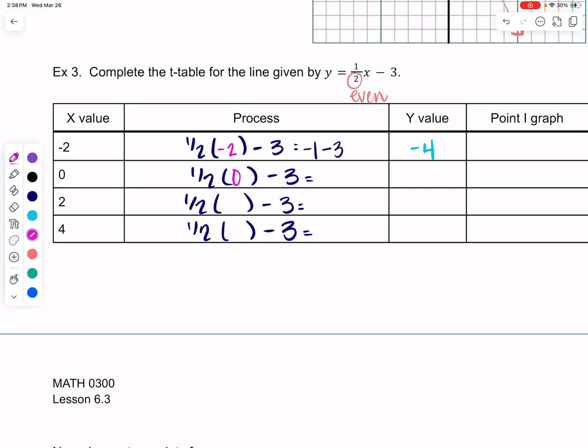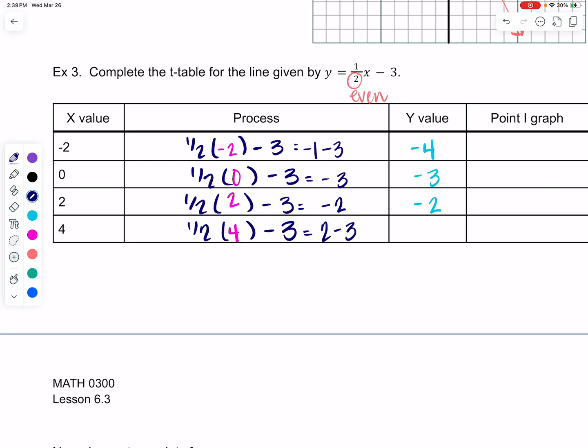I love doing math with zeros because half of 0 is just 0. Half of +2 is 1. Minus 3 is -2. Half of 4 is 2.